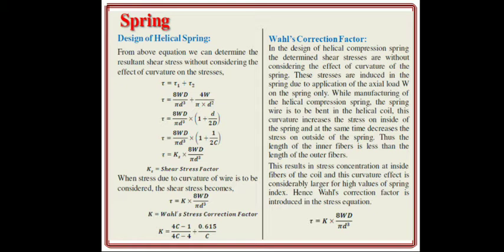While manufacturing the helical compression spring, the spring wire is bent into a helical coil, and this curvature increases the stress on the inside of the spring and at the same time decreases the stress on the outside of the spring. Thus the length of the inner fiber is less than the length of the outer fiber. This results in a stress concentration at the inside fiber of the coil, and this curvature effect is considered larger for higher values of the spring index.